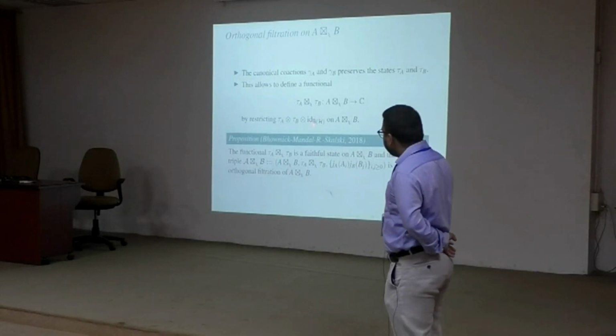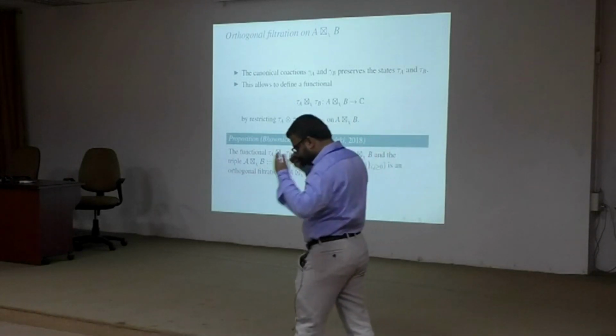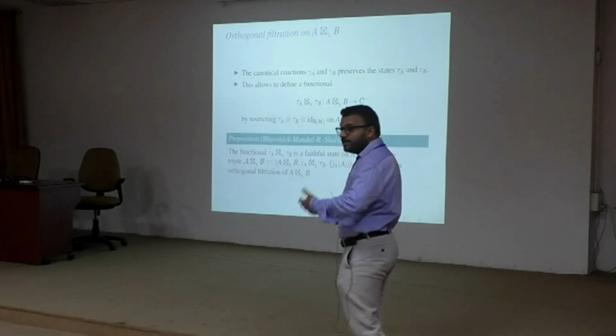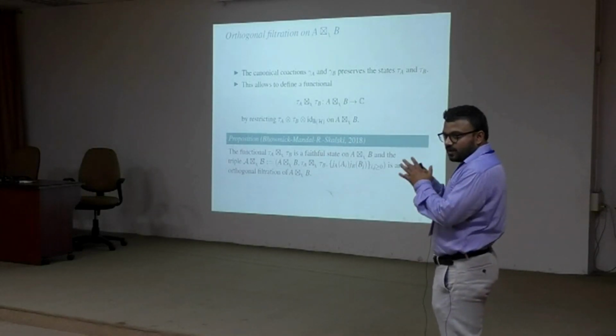So what we proved is that if you have an orthogonal filtration on A and on B, you can construct a canonical orthogonal filtration on A box B, which means the existence of the quantum symmetry group is guaranteed.